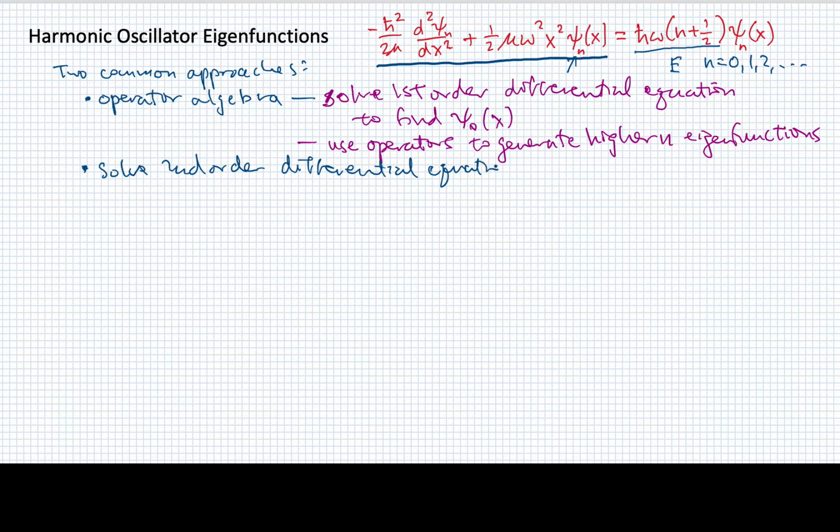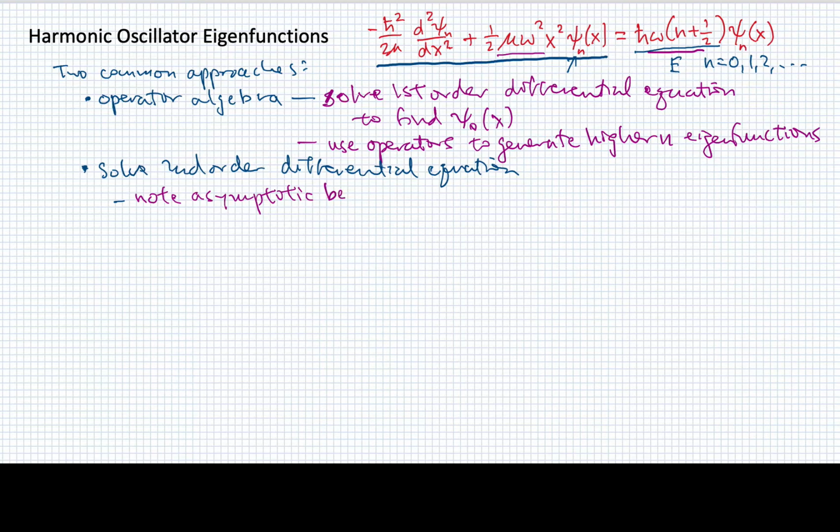Now, the way one might do this, there are lots of different techniques, but one way would be to note that there's asymptotic behavior. So what do I mean by asymptotic behavior? As x gets very large, it turns out this part of the Schrödinger equation gets very large relative to this part.